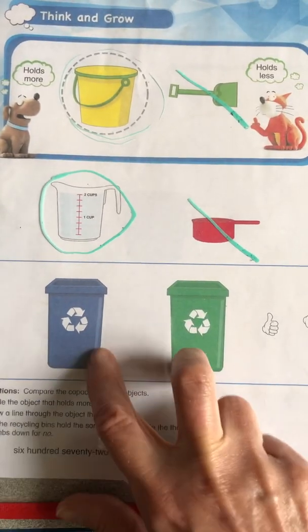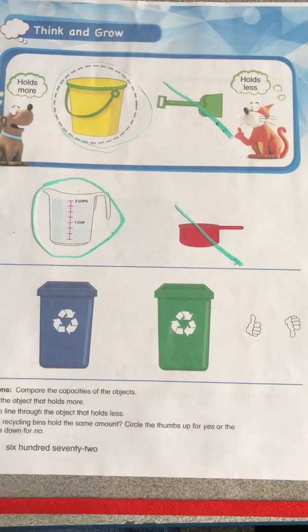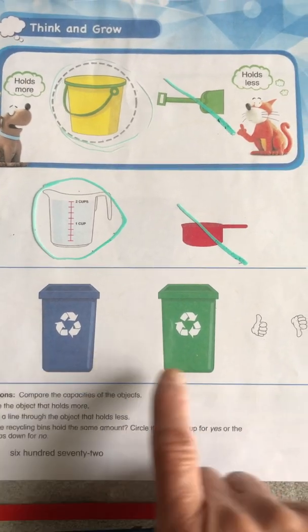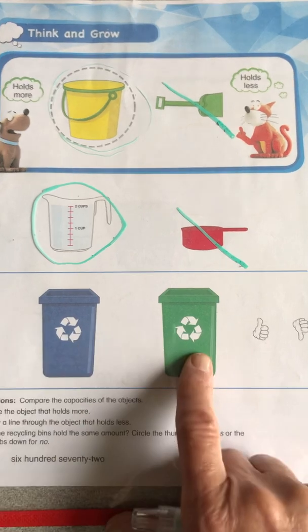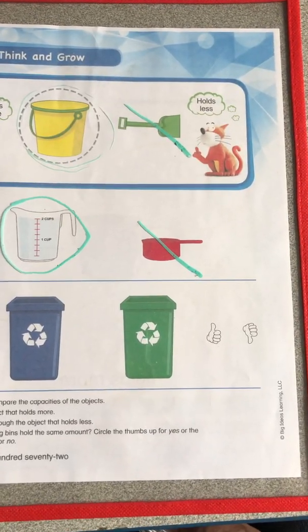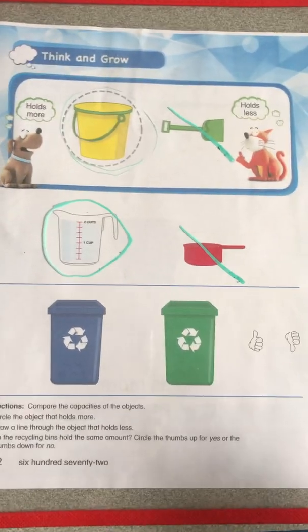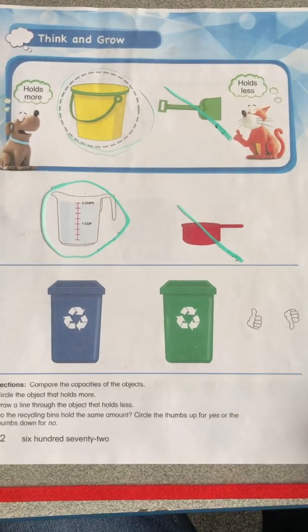So I'm thinking they probably hold the same. Is that what you were thinking? The only thing different about these two recycling bins are the colors. This one's blue and this one's green. And the color doesn't change how much it holds. It just makes them look different and pretty with the colors.